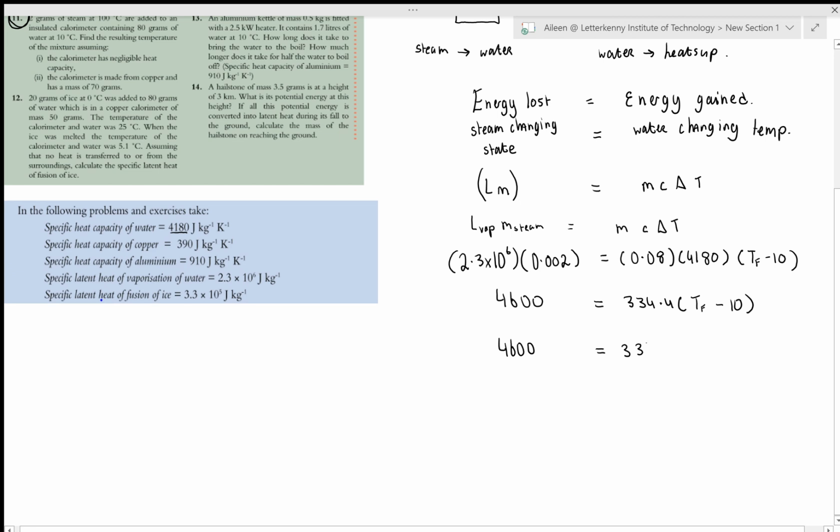This gives me 334.4 TF minus 3,344. I want to find my final temperature on its own, so I'm going to have TF on one side of the equation and everything else on the other. Okay, so I'm going to add 3,344 to both sides of my equation.